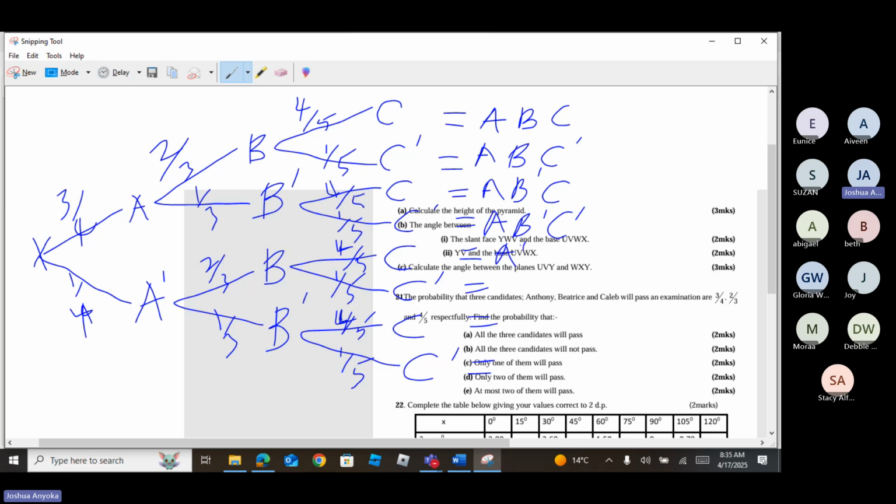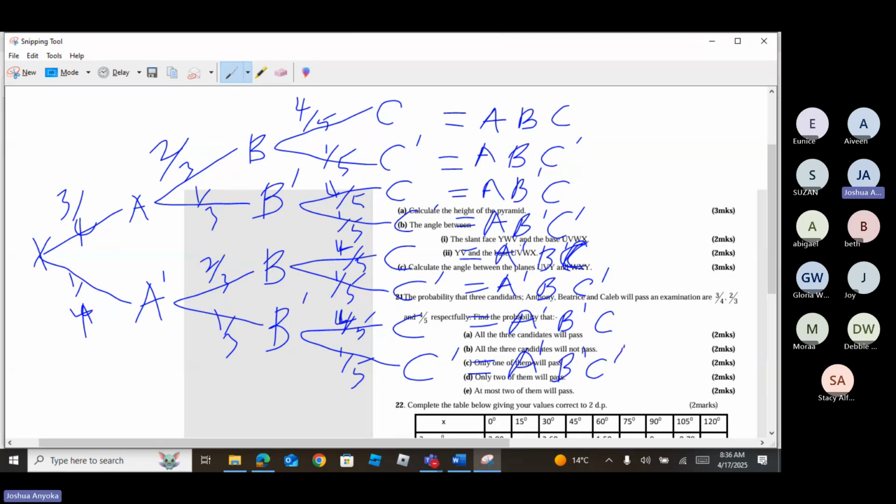Anthony fail, Beatrice pass, and Caleb pass exam. Anthony failing, Beatrice passing, Caleb failing. Anthony failing, Beatrice failing, Caleb passing. Anthony failing, Beatrice failing, Caleb failing.